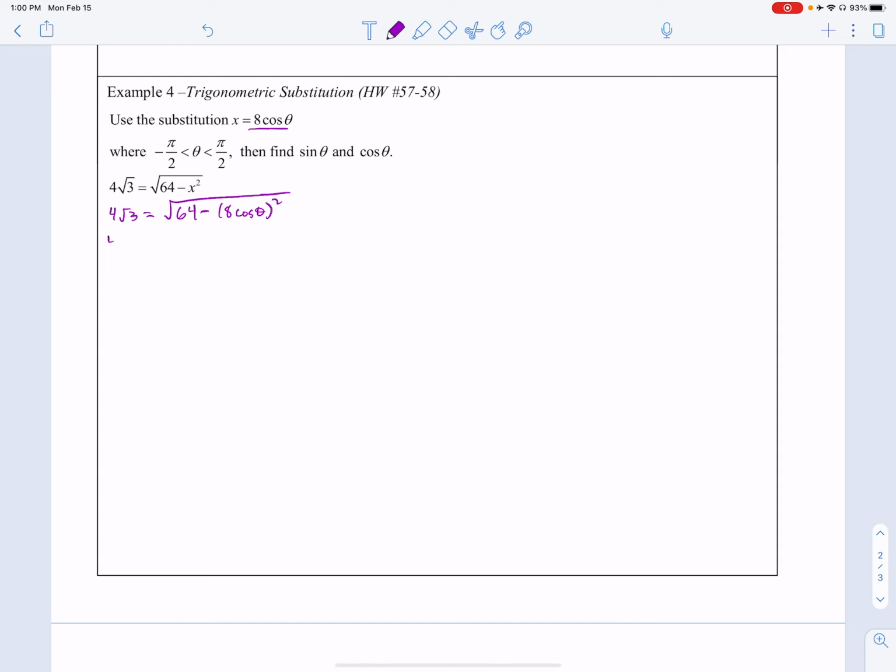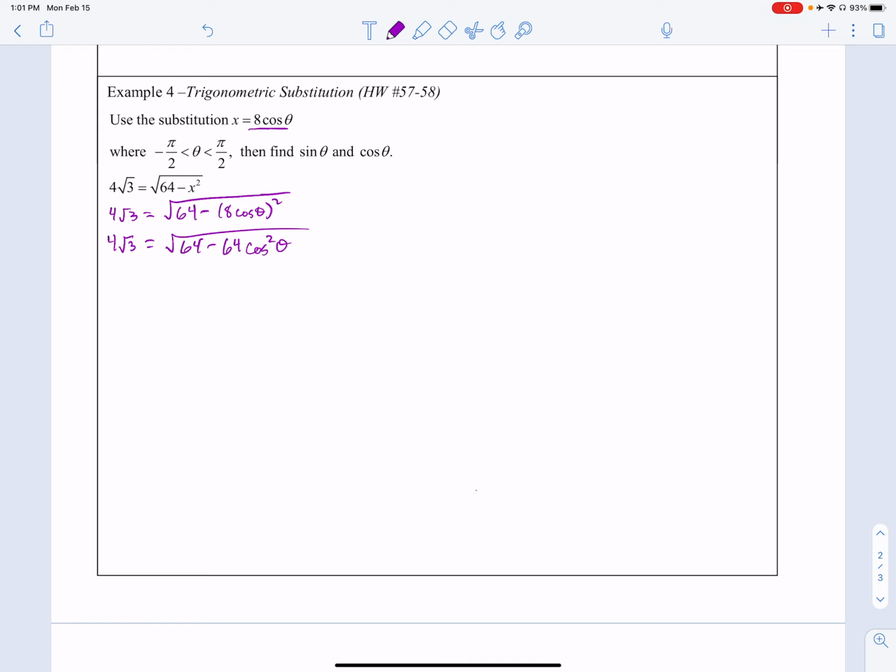And then when I go to square on the right side, underneath that radical, I get 64 cosine squared theta, because you have to square both the 8 and the cosine. And remember, that is not 8 minus 8 cosine theta.